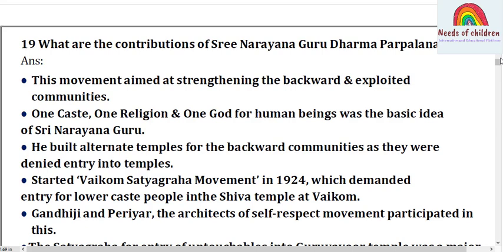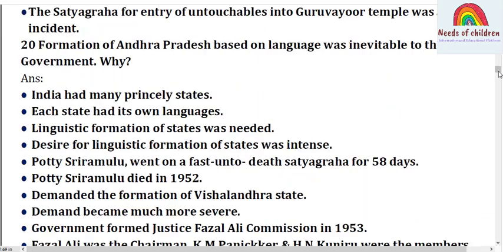Gandhiji and Periyar, the architects of the self-respect movement, participated in this. Even the Satyagraha for entry of untouchables into Guruvayur temple was a major incident. Okay, these are the contributions of Sri Narayana Guru Dharma Paripalana Yogam.